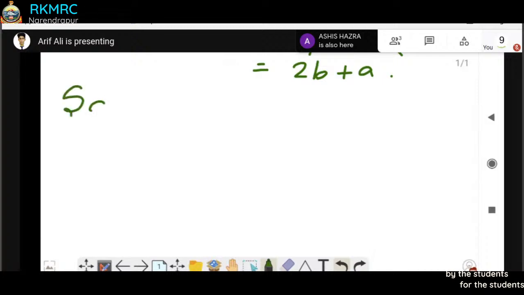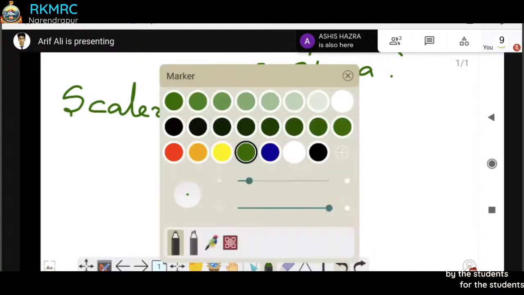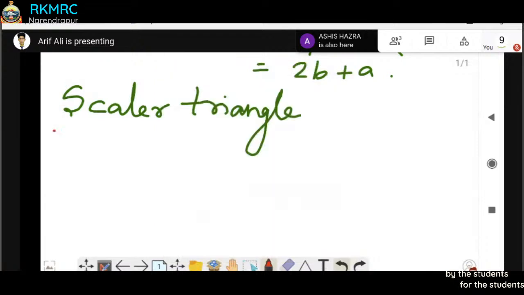Now a scalene triangle. We will be calculating the value of area, perimeter, and semi-perimeter of a scalene triangle.